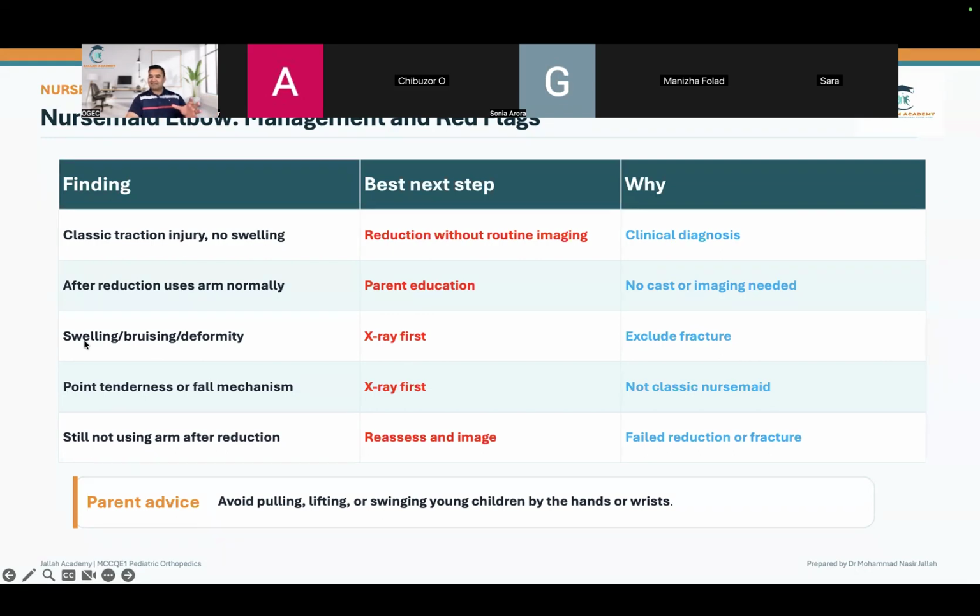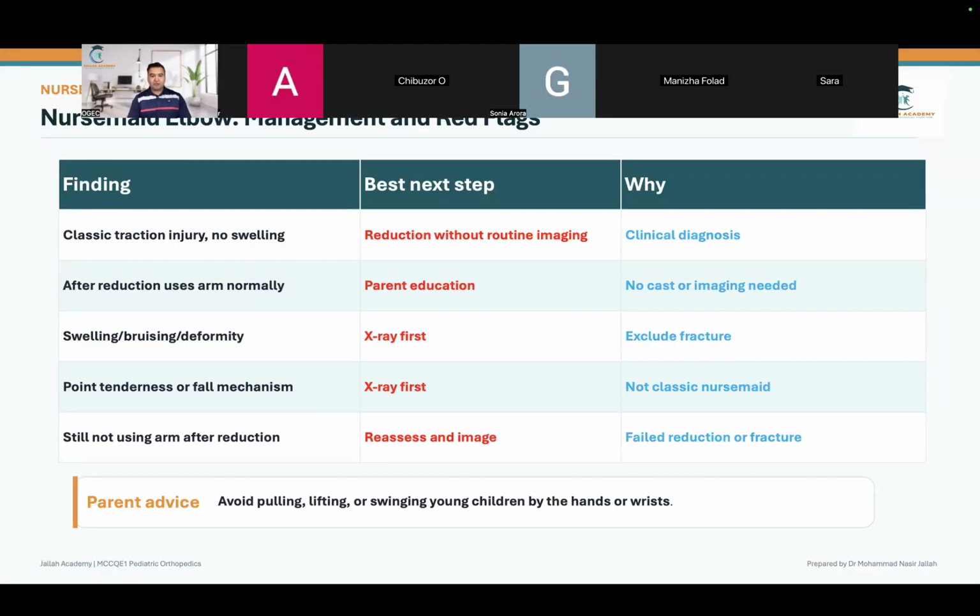The patient has a clinical picture of nursemaid elbow, but on top of that, the red flags are positive. I mean swelling, bruising, deformity, bleeding, bony tenderness, all this. Then I have to do the X-ray first and then do the reduction based on the imaging finding.